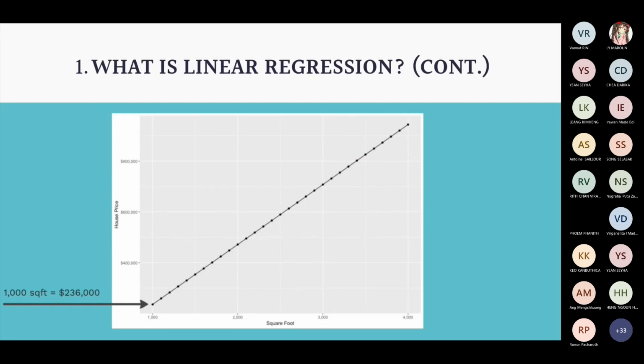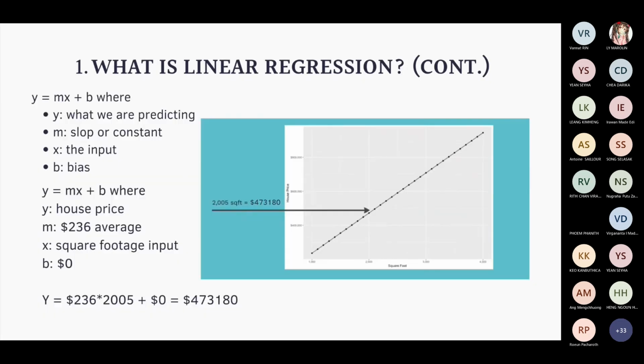If we want to predict another cost, we can simply look at the graph. If you want to know how much it is for 2005 square feet, you will see that it is equal to $433,180.